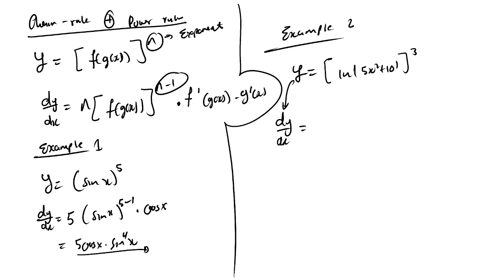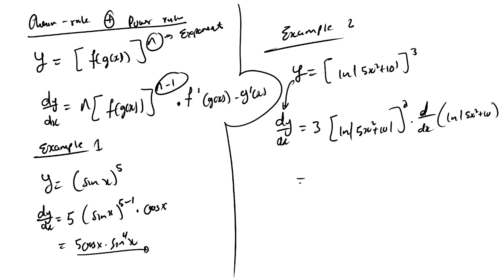The exponent basically means that we are going to apply the chain rule plus the power rule. So we're going to say 3, you keep the inside function, ln of 5x squared plus 10, to the exponent. From that exponent we subtract 1, which becomes 2. You multiply by the derivative of the inside function, d over dx of ln of 5x squared plus 10.